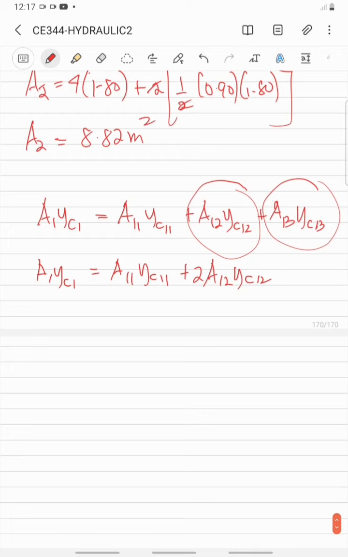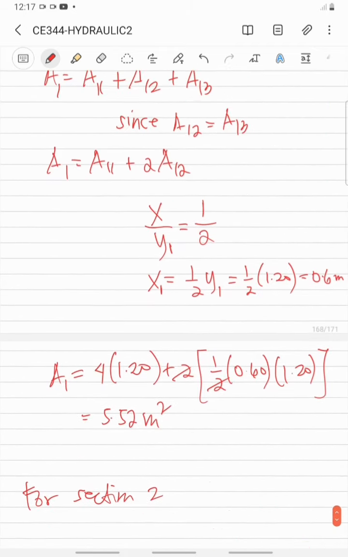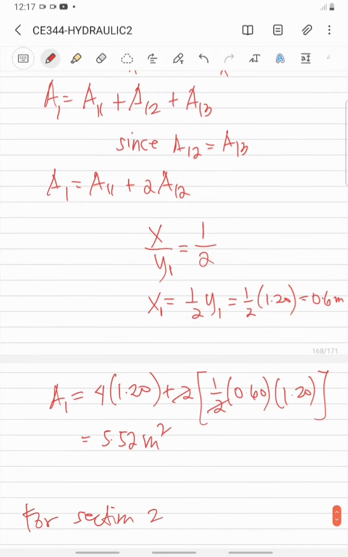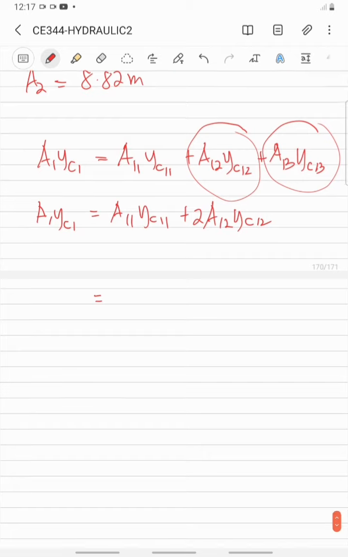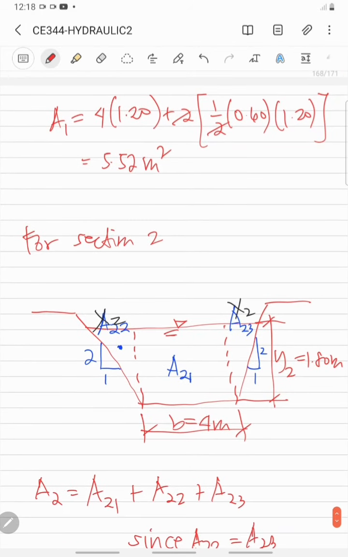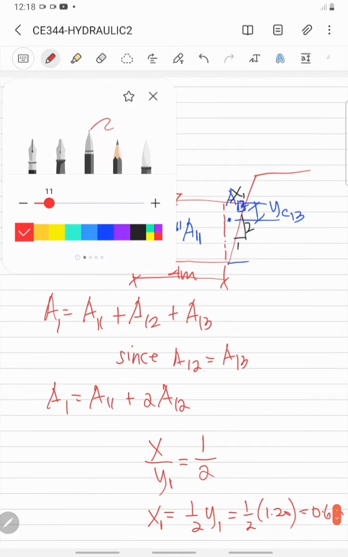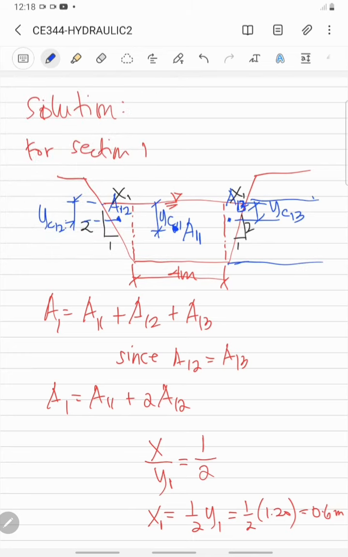So for our area 1 yc1, the area of the rectangle is 4 times 1.2, and the centroid for that is 1/2 of y1, y1 here is 1.2 meters.